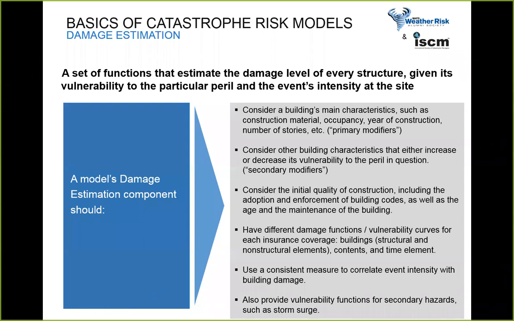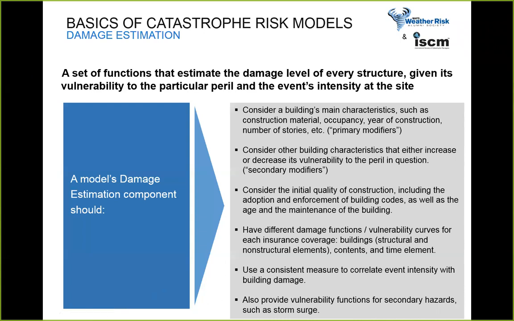So we don't just have one vulnerability curve for a given risk. Three will be selected. One for the building itself, the structure. There'll be a separate vulnerability curve for the contents, and an extra one for the loss of use of the property, something we call time element, or if it's a business, we call it business interruption. So there are literally hundreds of different damage functions that are built into these models for these different coverages.